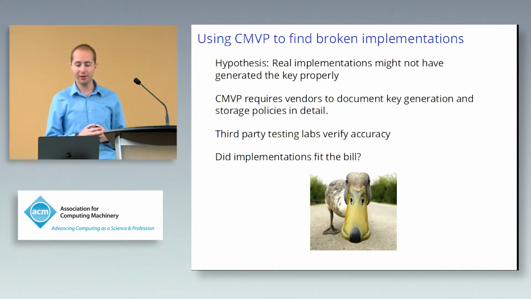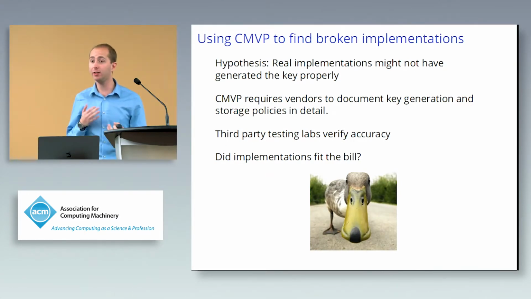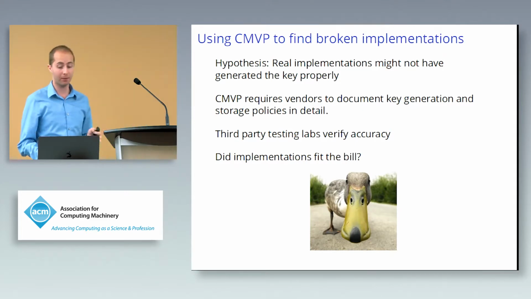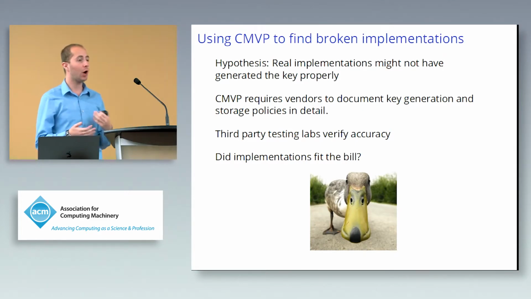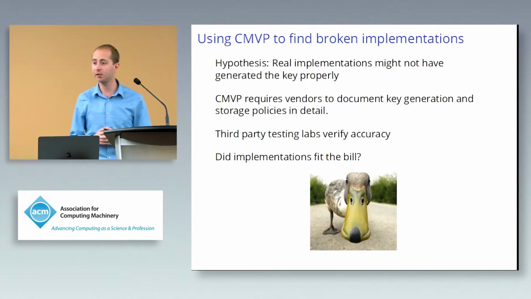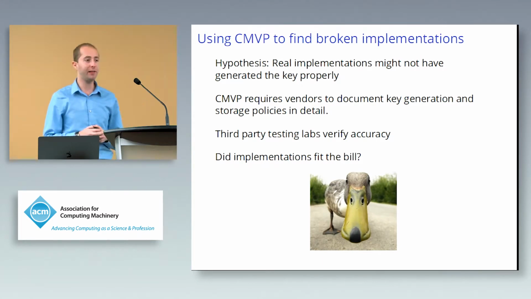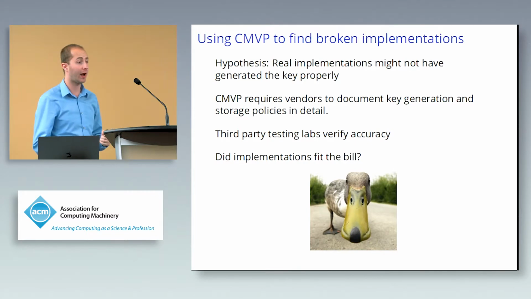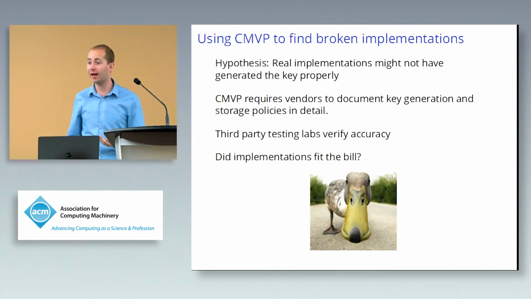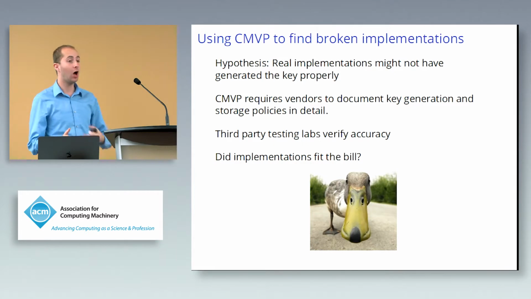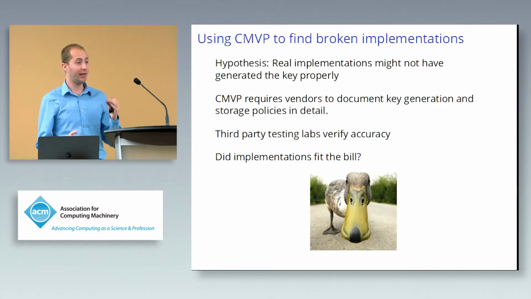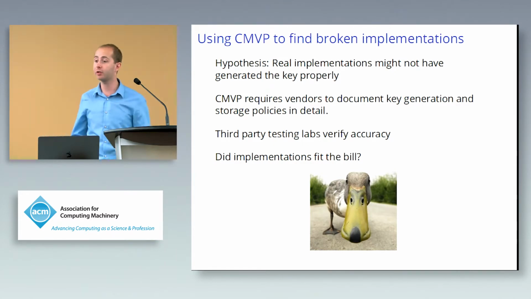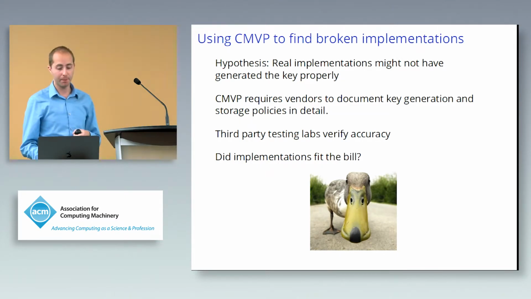So with this in mind, we hypothesized that real implementations following the standard may not have generated the key properly. The way we went about testing this hypothesis was by examining CMVP documentation. Now remember, CMVP is this certification program, and in order to be certified, vendors have to provide a whole lot of documentation in which they specify how all the different cryptographic keys are generated, used, and stored.